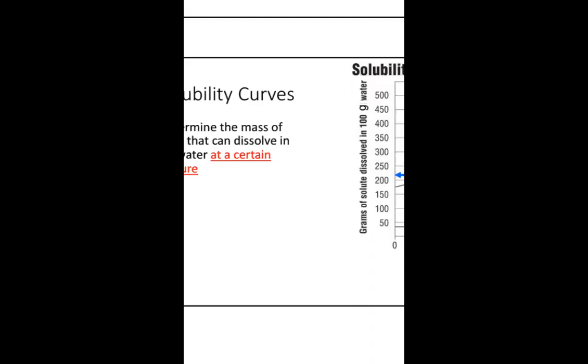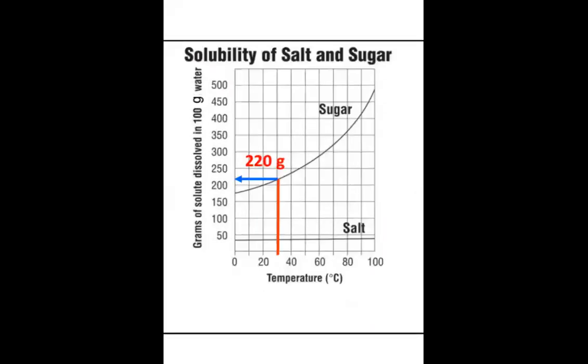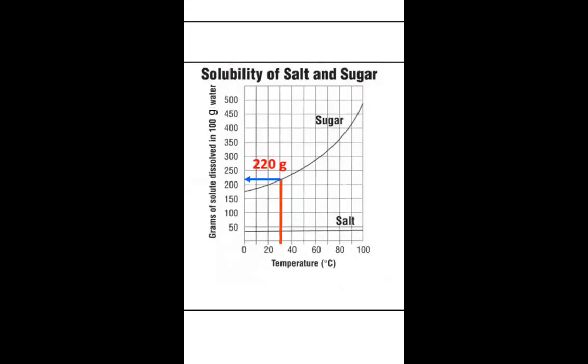For example, when you look at this plot, we get to realize that at a temperature of about 30 degrees Celsius, when you check the x-axis, between 20 and 40, you have 30.